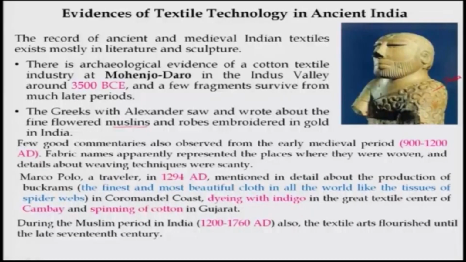There was a lot of rift between the local people and the British government, who was ruling this country forcefully, and that is why people got dissuaded from making textiles.